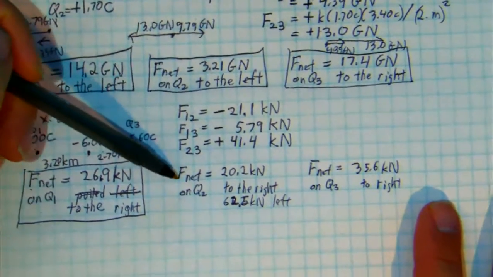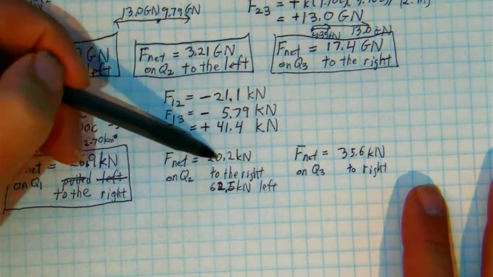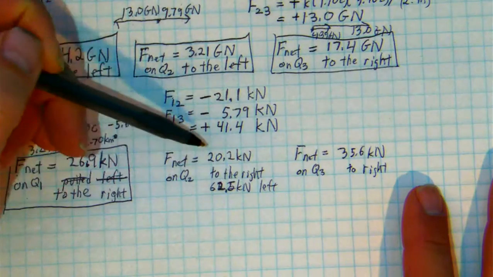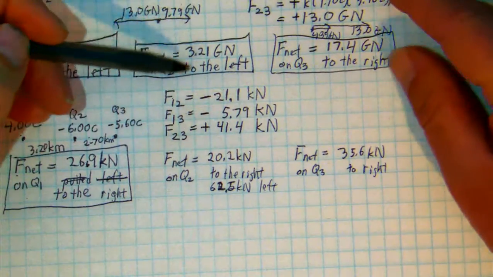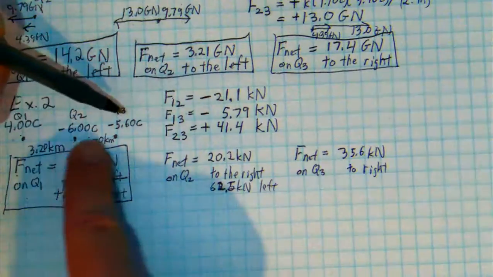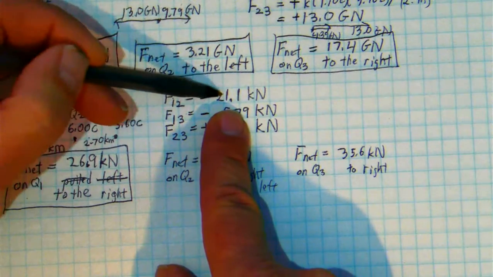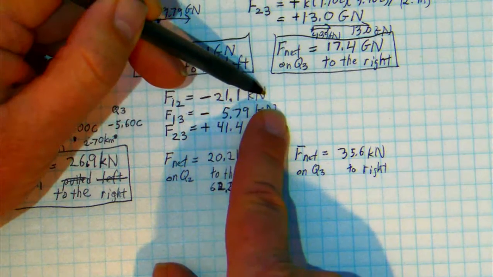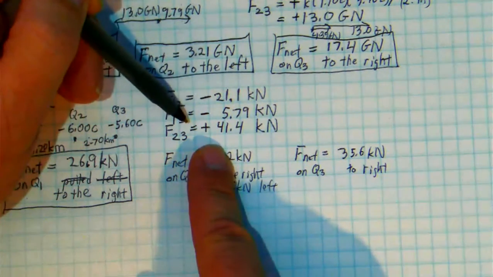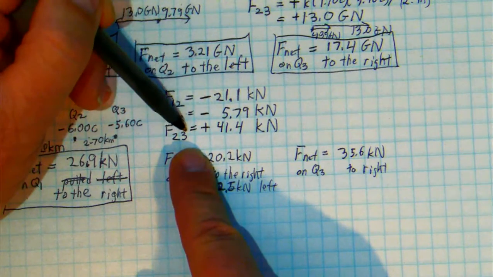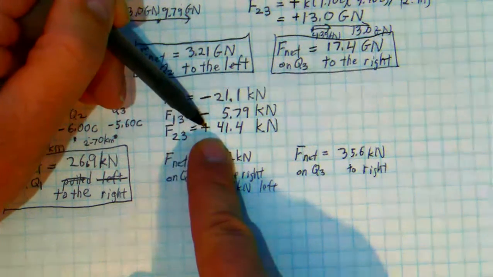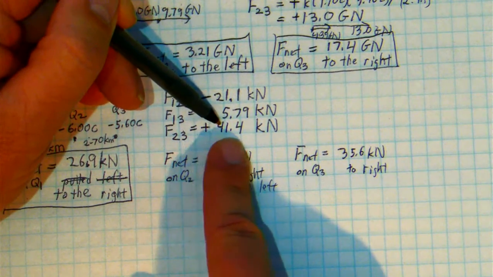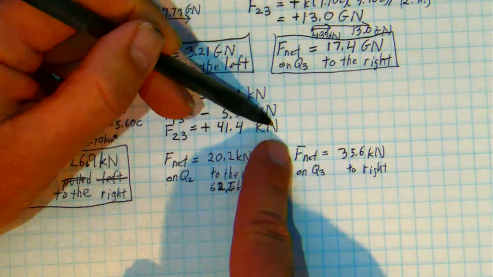For Q2, the students think it is 20.2 kilonewtons to the right, or perhaps 62.5 kilonewtons to the left. Well, Q1 is pulling Q2 to the left with a force of 21.1 thousand newtons. Meanwhile, on the opposite side of it, charge Q3 is pushing charge Q2 also to the left with a force of 41.4 thousand newtons.